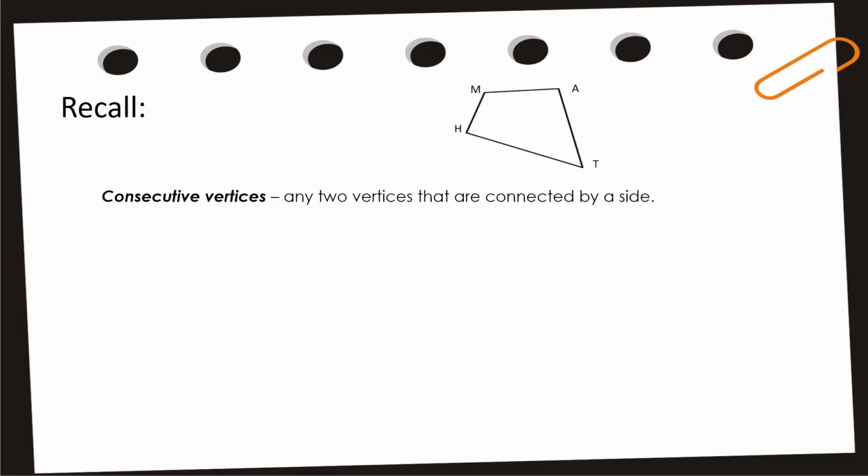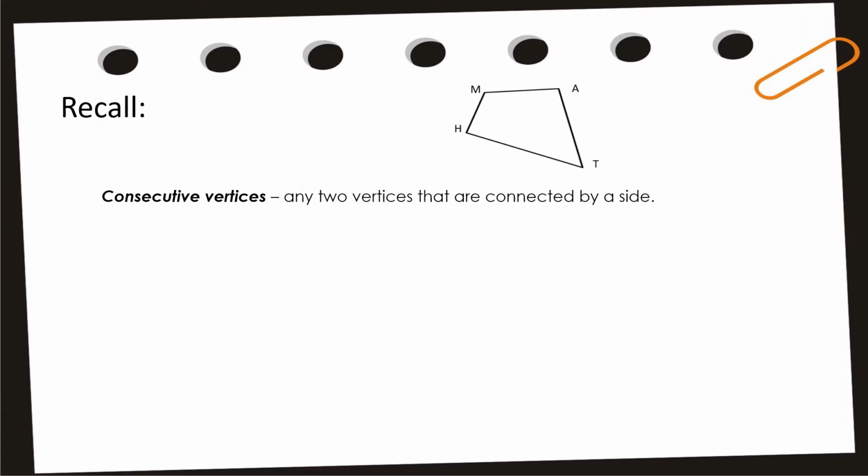Before we proceed to our lesson, let us first familiarize ourselves with some terms that we will encounter as we go along with this lesson. First, we have consecutive vertices. Say, for example, we have quadrilateral MATH. So when we say consecutive vertices, these are any two vertices that are connected by a side.